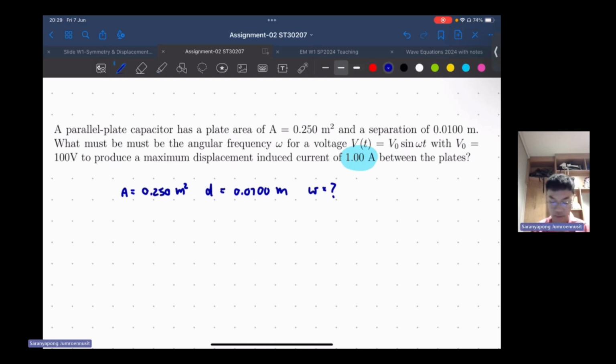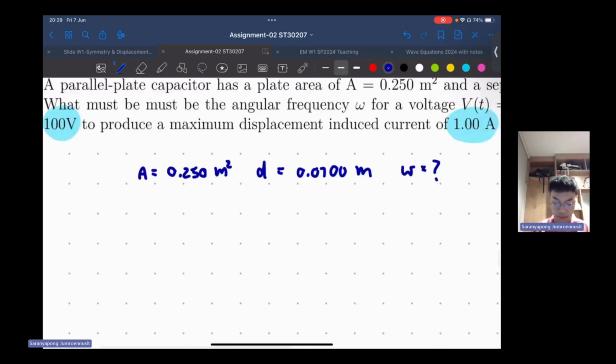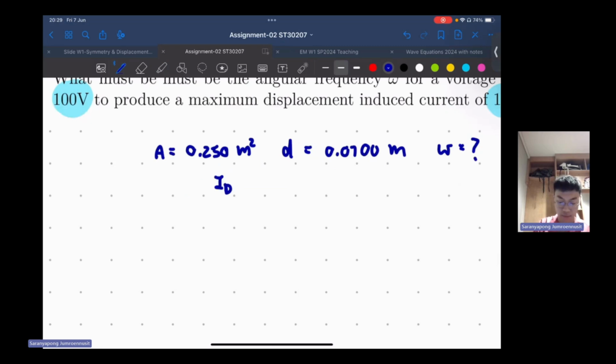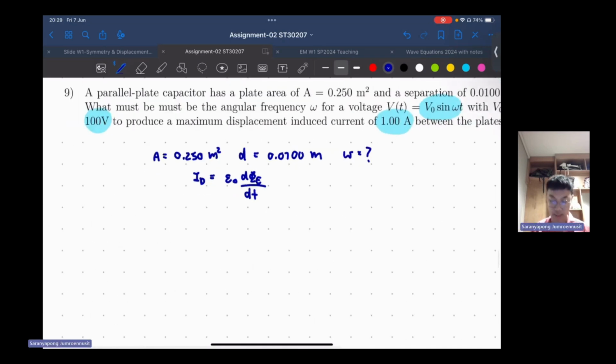It also gives us the function for voltage over time, which is this one, and V0 is equal to 100 volts. So what we should start with is the displacement current function, epsilon naught d electric flux over dt.